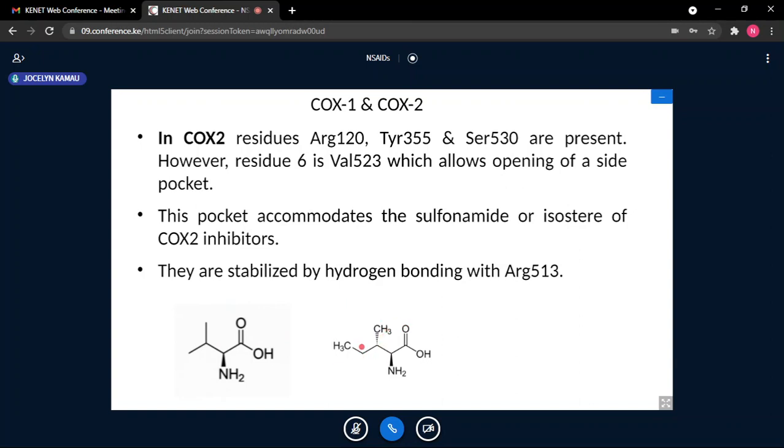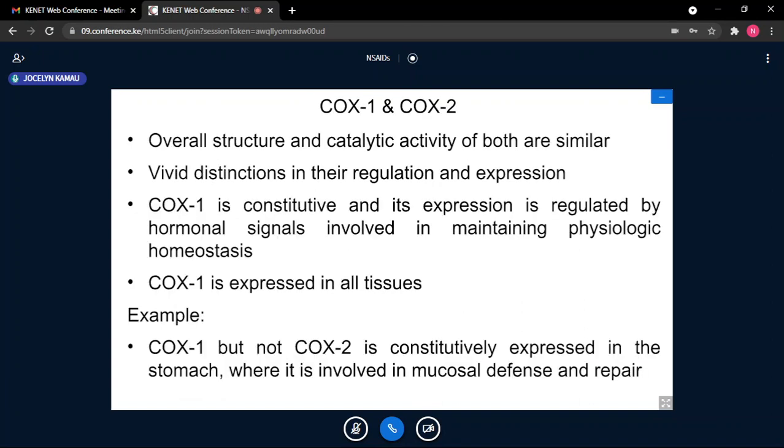You can see isoleucine has an extra methylene group there, much bulkier than valine, and this bulkiness is what prevents COX-1 from having the pocket as opposed to COX-2. So this slender, smaller valine allows COX-2 to have a pocket, unlike COX-1, which has isoleucine and therefore no pocket.